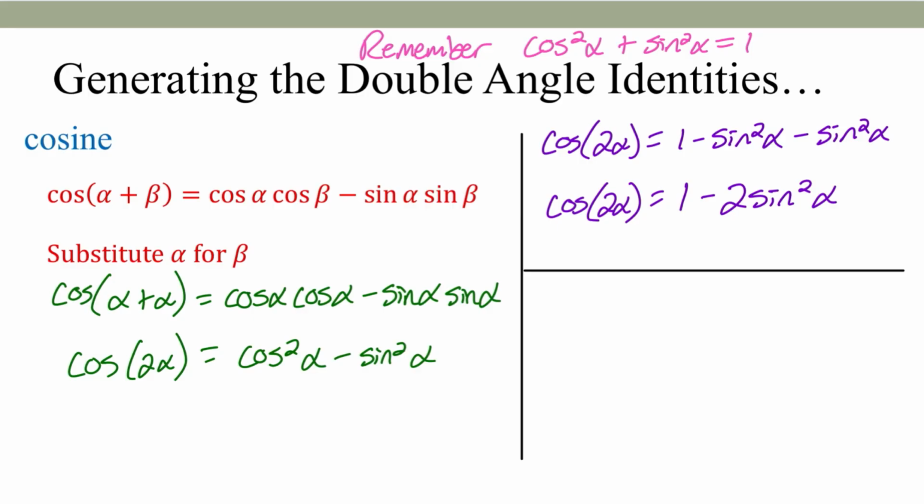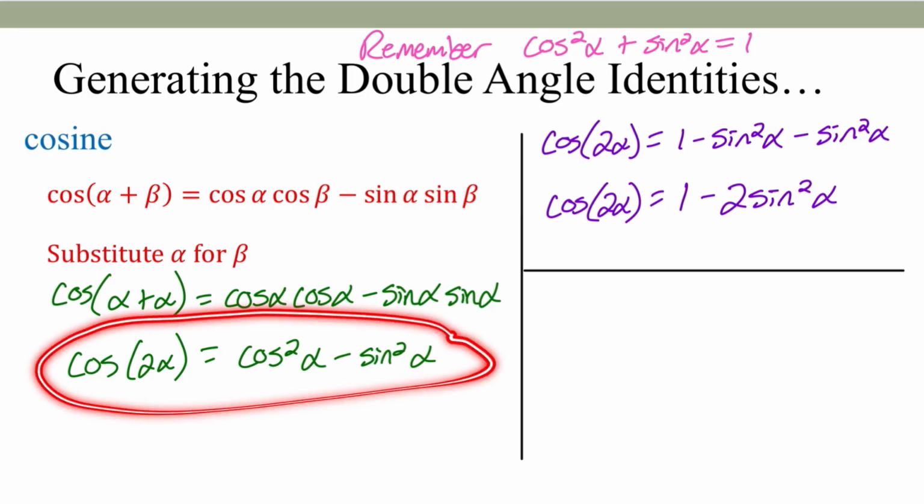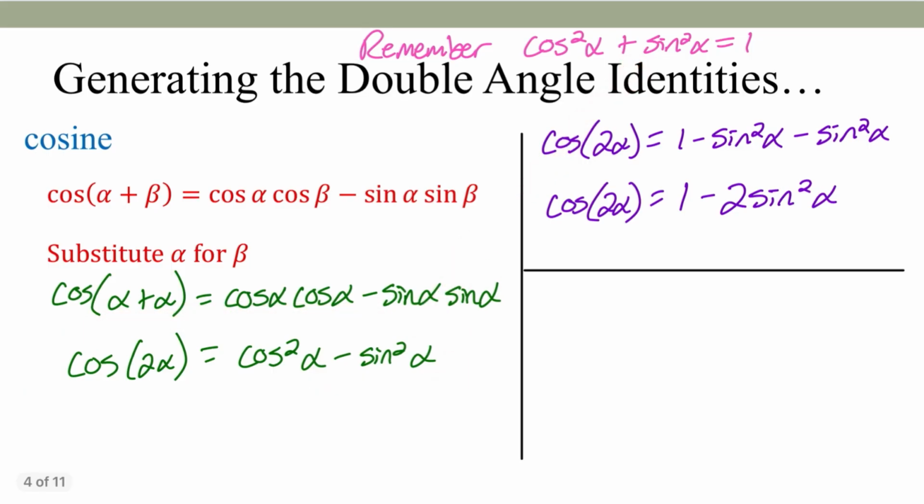But wait, there's more. Now I'm going to go back to the original cosine double angle identity, cosine squared minus sine squared. And this time I'm going to substitute sine squared with, you guessed it, 1 minus cosine squared from the Pythagorean identity. So cosine of 2 alpha is going to be cosine squared alpha minus, open my parenthesis there, got to be careful with that, 1 minus cosine squared alpha.